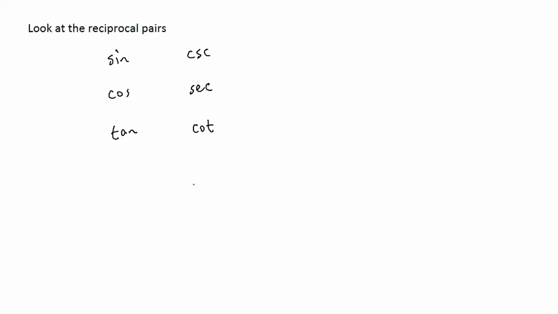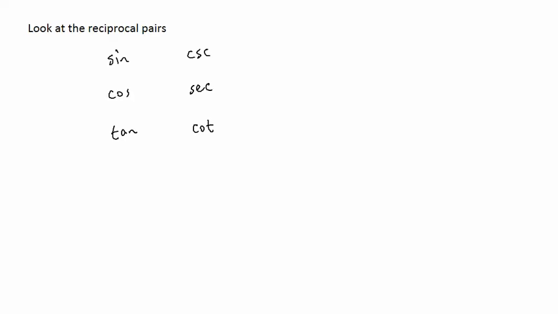So let's look at the reciprocal pairs. Okay? So we have sine, cos, tan. The reciprocal for sine is cosecant, as we saw before. Reciprocal for cosine is secant. Reciprocal for tan is cotan. Okay?